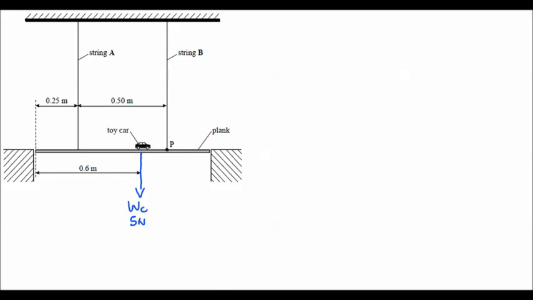Now, the bridge has got a weight as well, and you know that because the bridge is uniform, its weight acts from its centre of gravity, which is there, and it's 10 newtons, and it's at a distance of 0.5 meters from that end, because that's halfway.